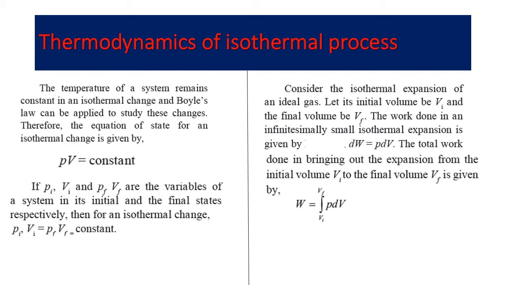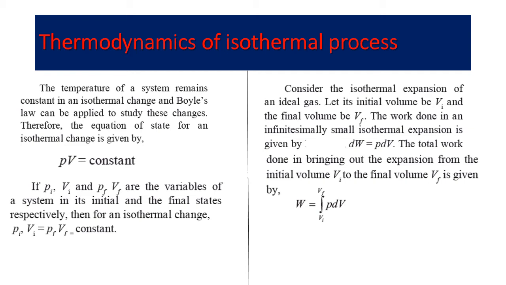So let us imagine an isothermal expansion of an ideal gas. Let the gas be filled in a cylinder and let the initial volume of the gas be Vi. And after some time, it attains Vf when the gas expands isothermally.